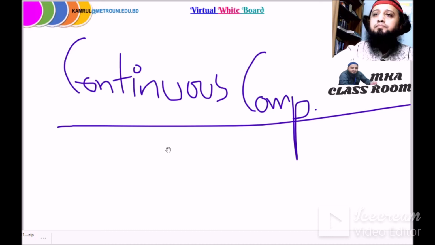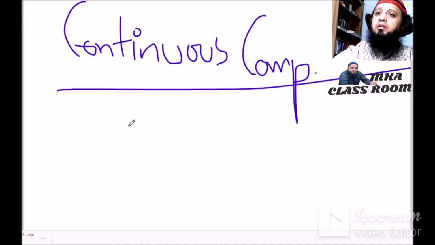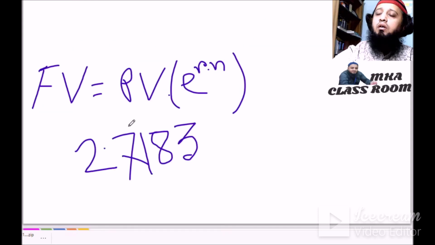The formula for continuous compounding is future value equals present value times e to the power r times n.